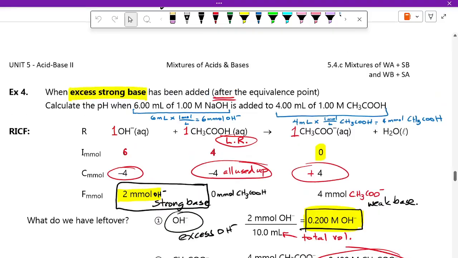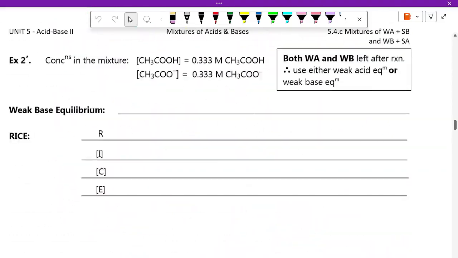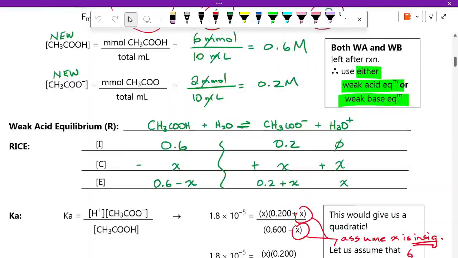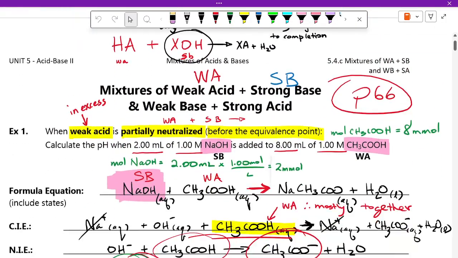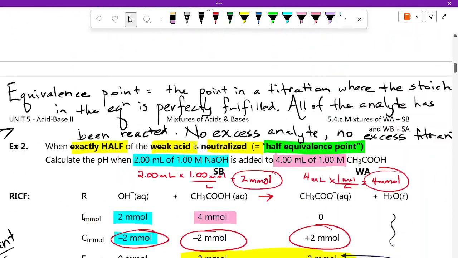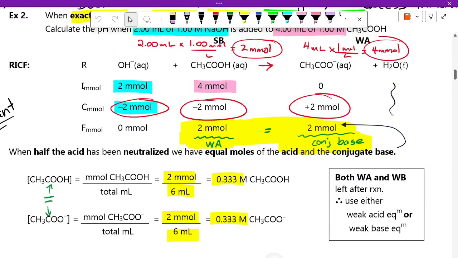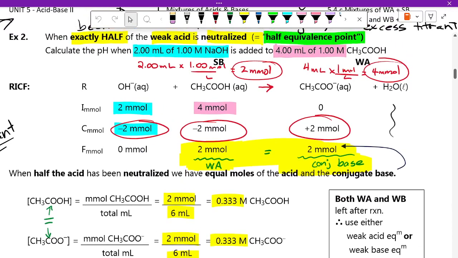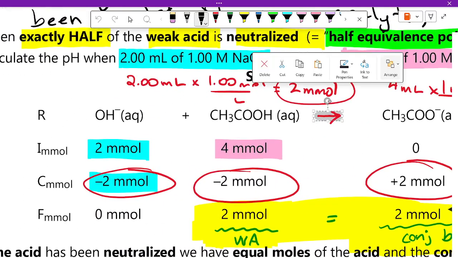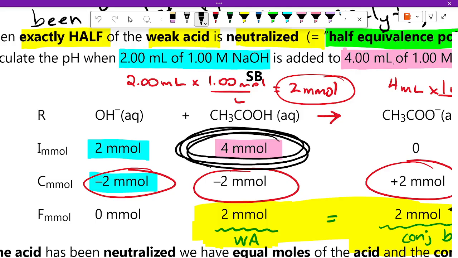At the half equivalence point, we started with 4 moles of the acid, and we neutralized half of it.